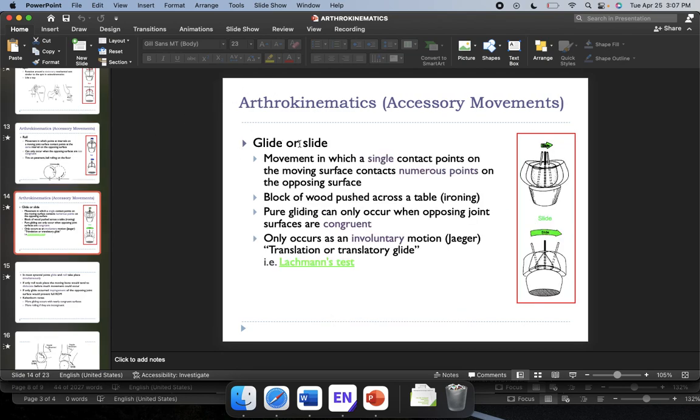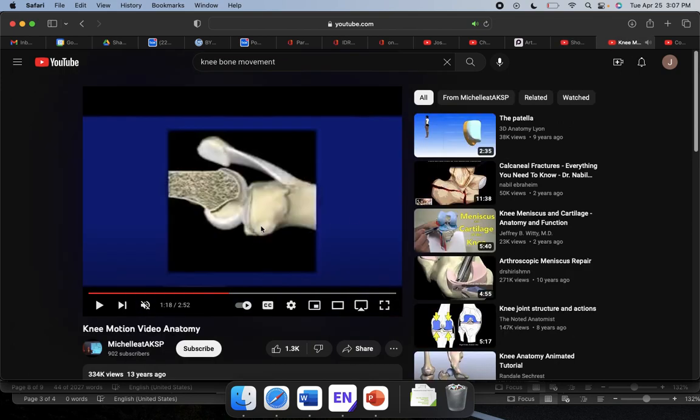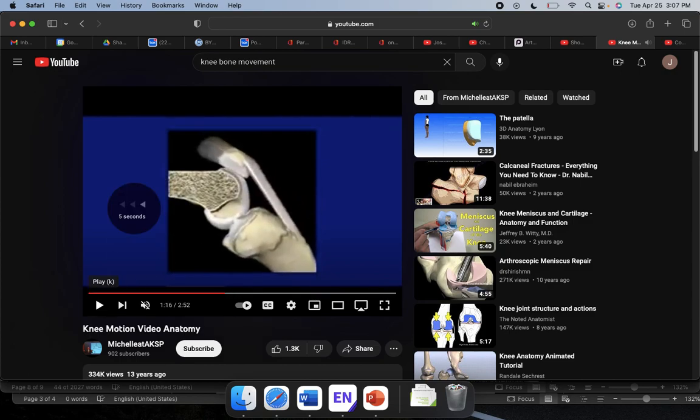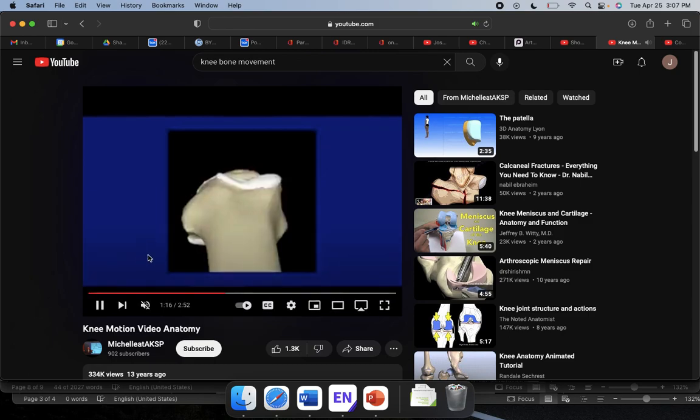So the last arthrokinematic movement that I want to introduce here is glide or slide. This is movement in which a single contact point on the moving surface contacts numerous points on the opposing surface. A nice example of glide or slide, in my opinion, visually, is here at the knee. So as the knee moves, let me even back this up just a little bit.